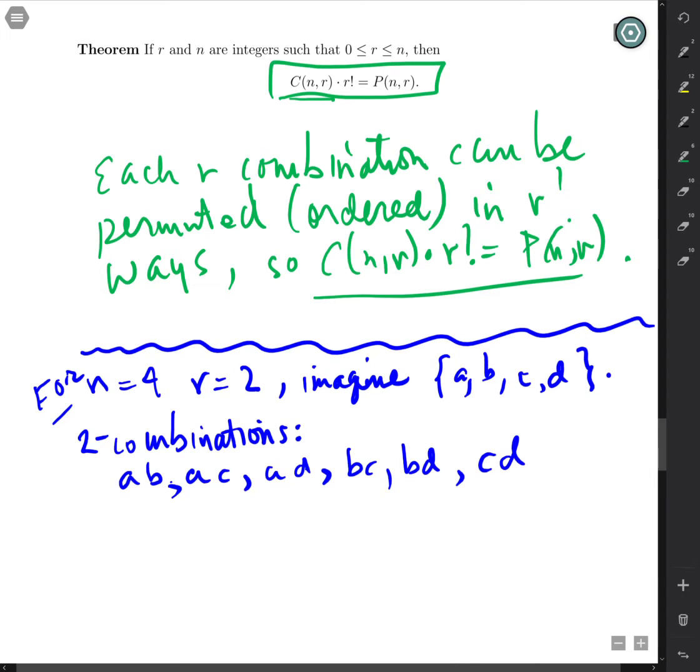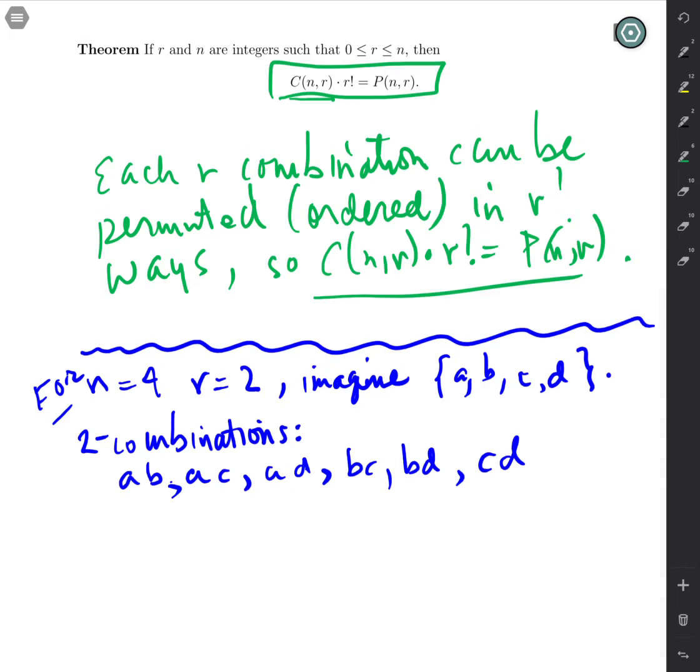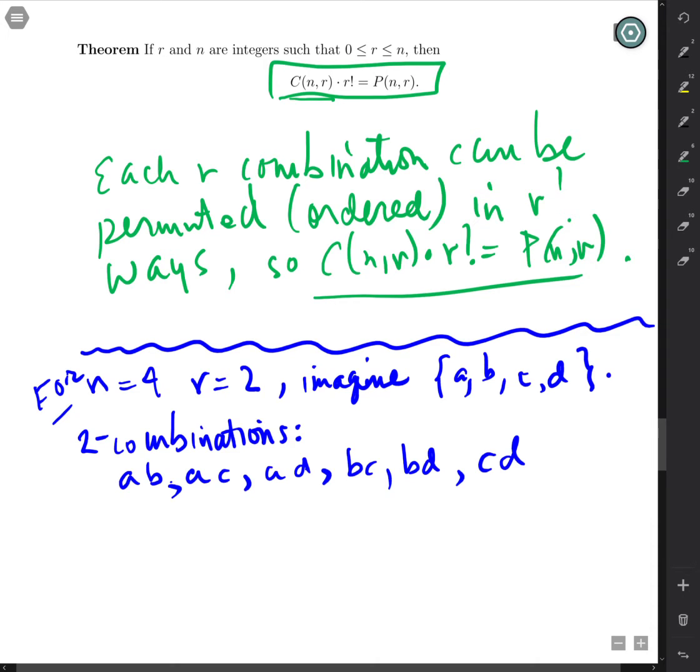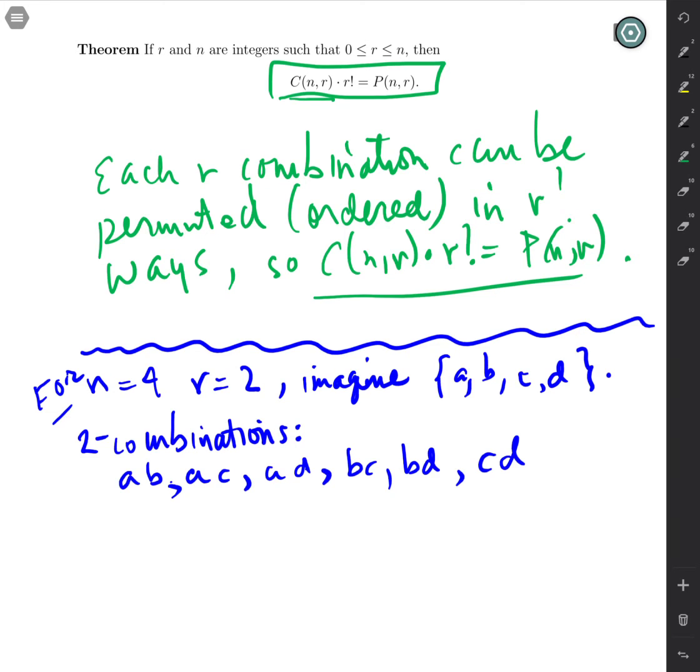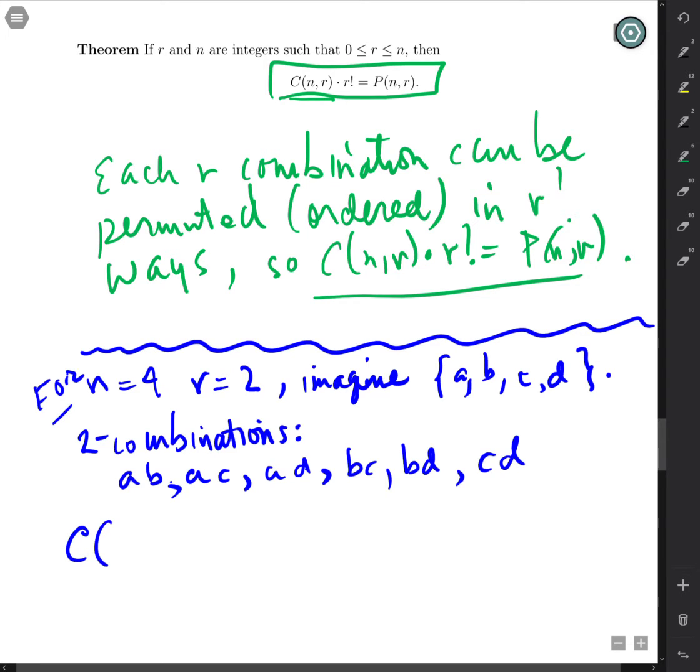So there are 6 of them, and I have not ordered them because R combinations or R collections are only the objects themselves, not with regard to any particular order. So in this case, using the notation that we've talked about, C(n, r), this would be C(4, 2) equals 6 by what we just did above.